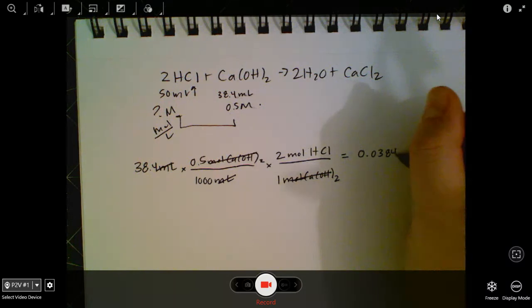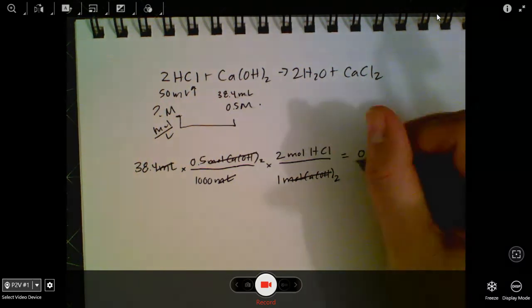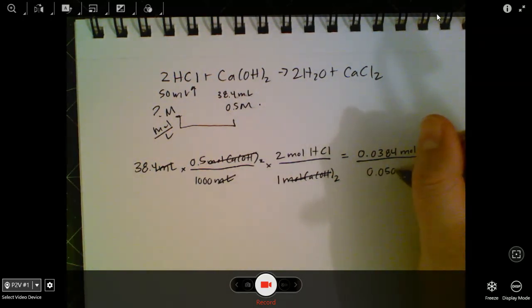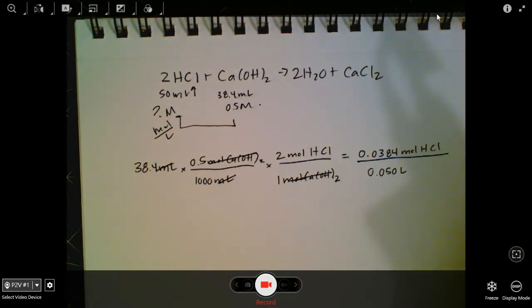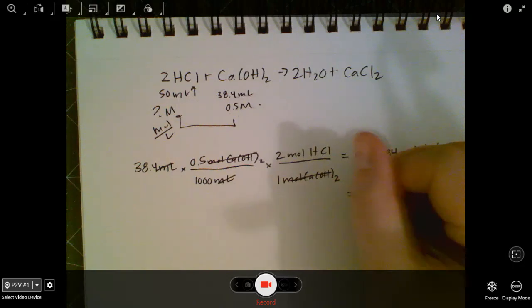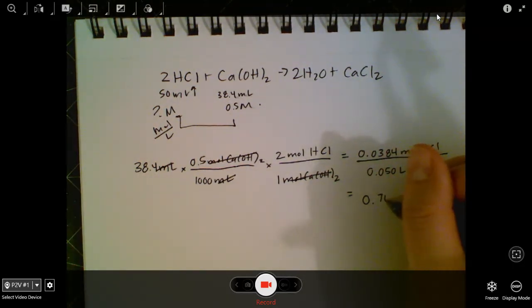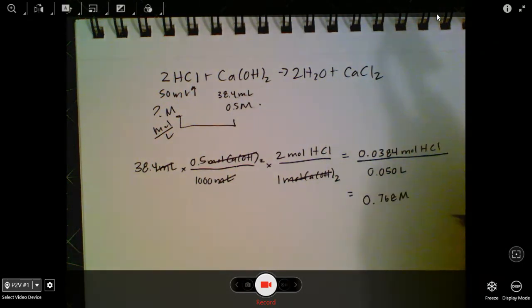I've got 0.0384 moles of HCl, and they are held in a 0.050 liter amount because I had 50 milliliters of my solution. So that's 0.05 liters. If I do the division, I get 0.768 molar HCl, or 0.768 moles per liter for my concentration.